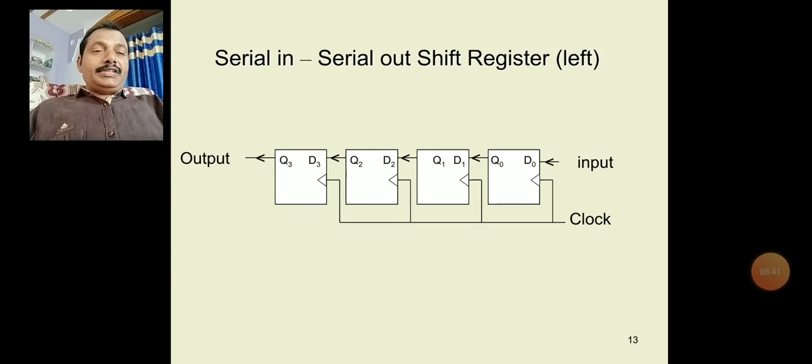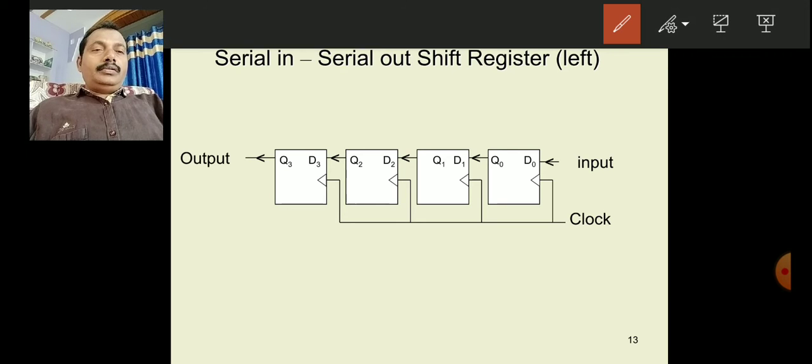So, the left shift register. Observe here, D0, this is the 0th flip-flop, FF0, FF1, FF2, FF3. These are the D type flip-flops. Observe here, all the inputs are arranged like this: D0, D1, D2, D3.